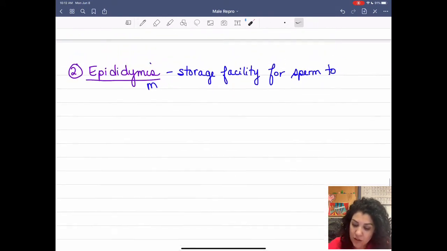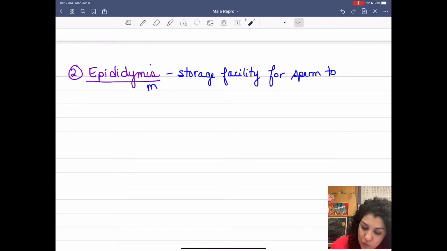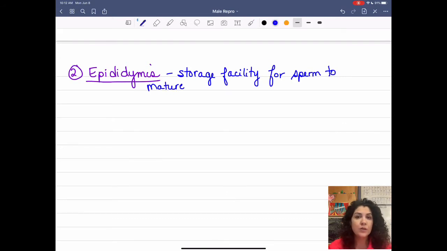So this is the storage facility for sperm to mature. And here is where sperm becomes more motile. It learns to swim a little bit better and pick up the swimming pattern that it needs to be successful in the female reproductive system.